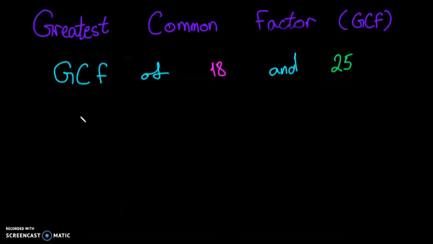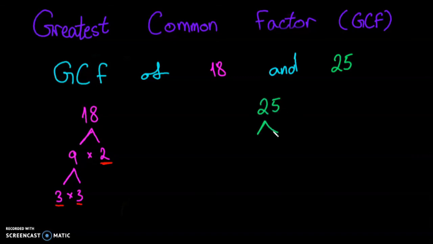Now 18 and 25. So 18 can be written as 9 times 2. 9 is 3 times 3. And these numbers are prime. 25 is 5 times 5. And 5 is prime.